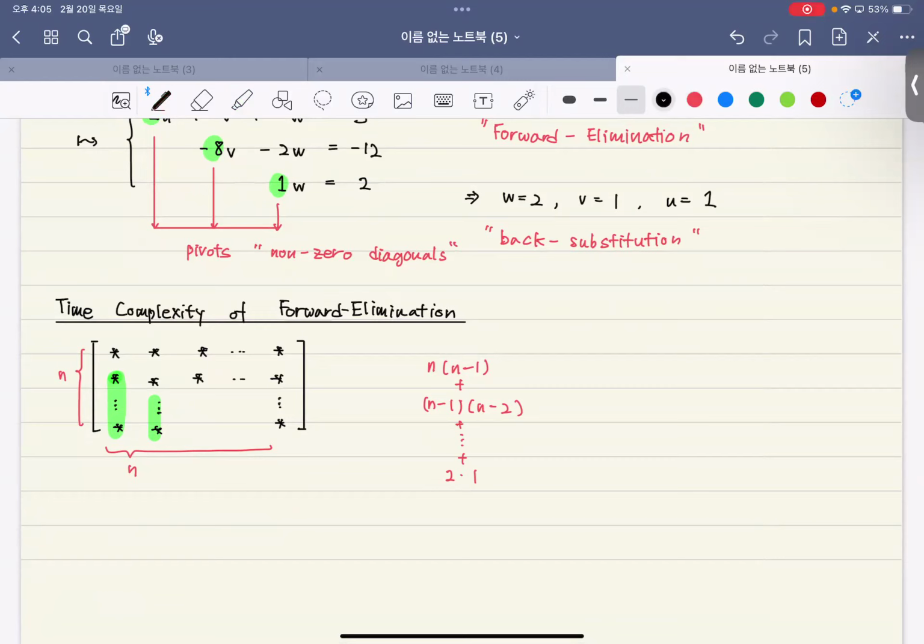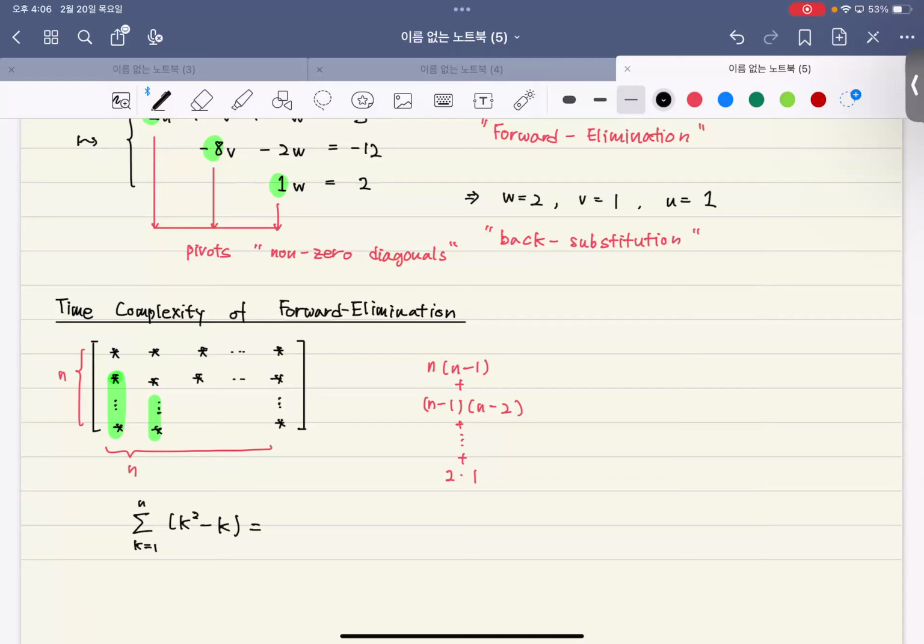And so, summarizing, I will need this many multiplications just to perform the forward elimination of any given system consisting of n equations and n unknowns, right?